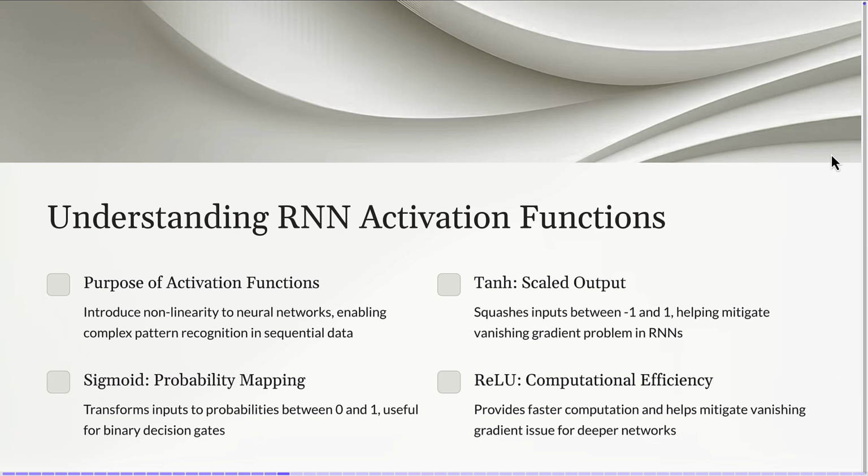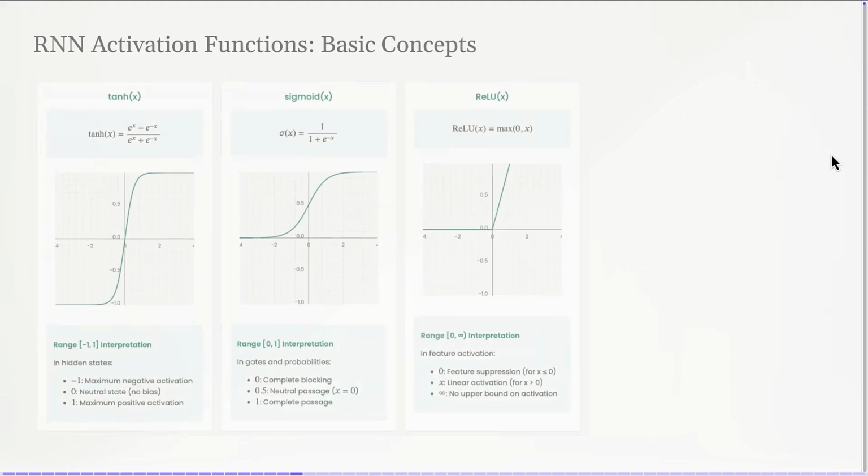Okay, it can tell you whether the value is 0 or 1, or something in between if I wanted to consider it as a regression function. We have ReLU, which provides fast computation and helps mitigate the vanishing gradient issue in deeper networks. This is why it's used in deep convolutional neural networks in general. And tanh converts any value to between -1 and 1 and also helps to mitigate the vanishing gradient problem in RNN. And let's see how.